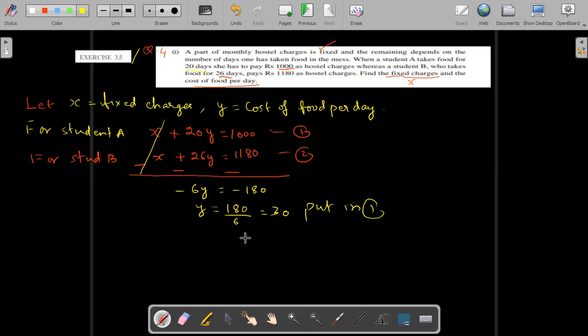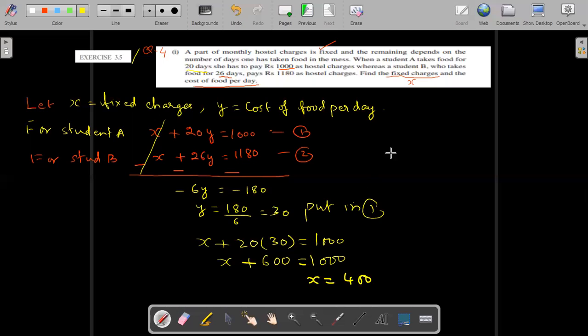So putting it in the first equation, we get x plus 20 into y, which is 30, is equal to 1000. x plus 600 is equal to 1000, and 1000 minus 600, so we get 400 rupees.